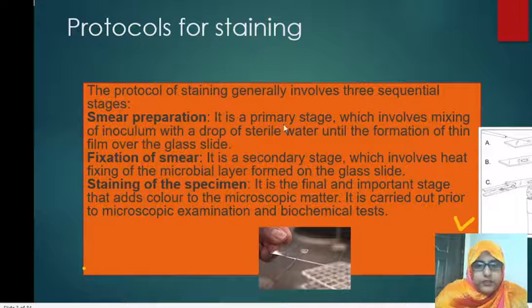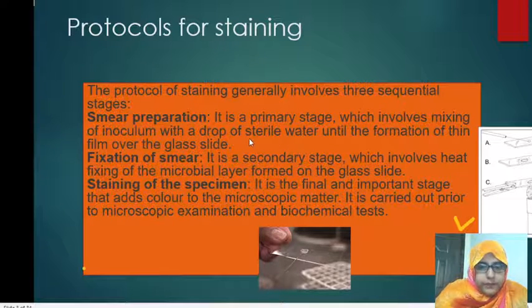Smear preparation is the primary, first stage, which involves mixing of inoculum. As we have studied earlier, inoculum is the sample of microorganisms which needs to be identified. That original sample or inoculum is mixed with a drop of sterile water. From all the different types of water, we select the sterile one, having a 100% microbial free nature.